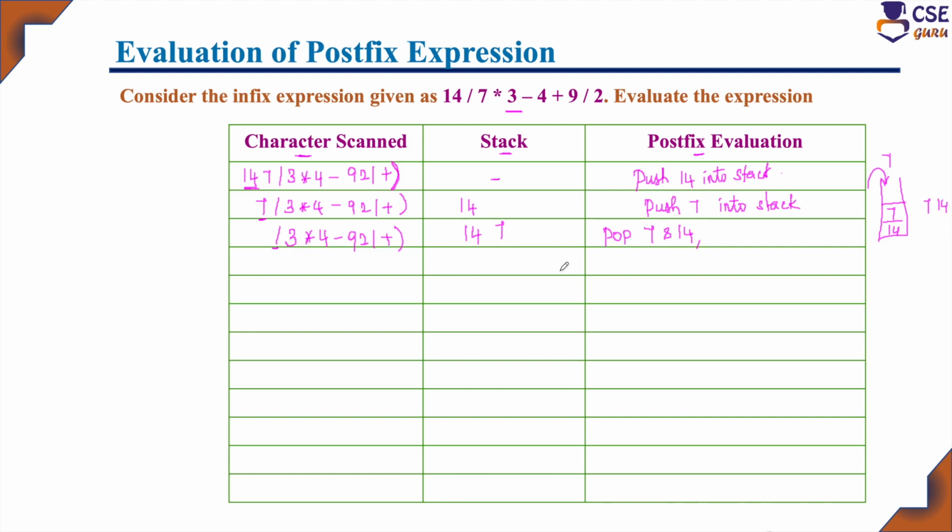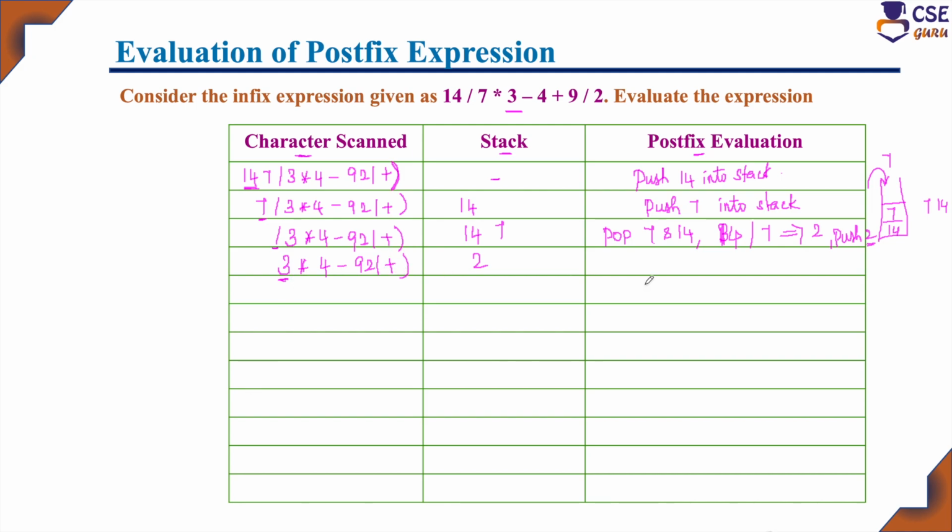Then you have to implement it: the first element will be considered as A, the second element will be considered as B. So B divided by A. So 14 divided by 7, you will get 2. Push 2 into the stack. Okay. For these top 2 elements, you implement the division operation, and then whatever result you get, you push onto the stack. And the remaining input characters are 3 star 4 minus 9 2 division plus closed parenthesis.